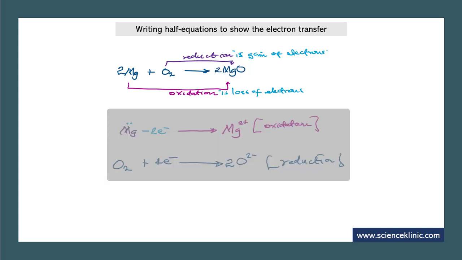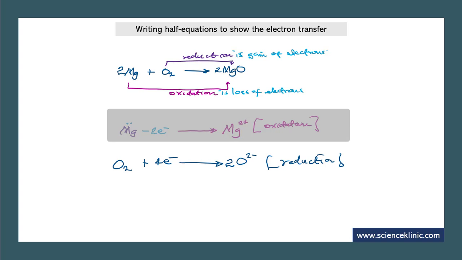But if you look at the half equations here, if you combine these 2 half equations to give us this full equation, it is not combinable now because the equation is not balanced yet. So we have to balance this half equation as well, and it is so simple. We have 2 magnesium atoms here, so we will multiply the entire magnesium half equation by 2, the way we did for oxygen last time.